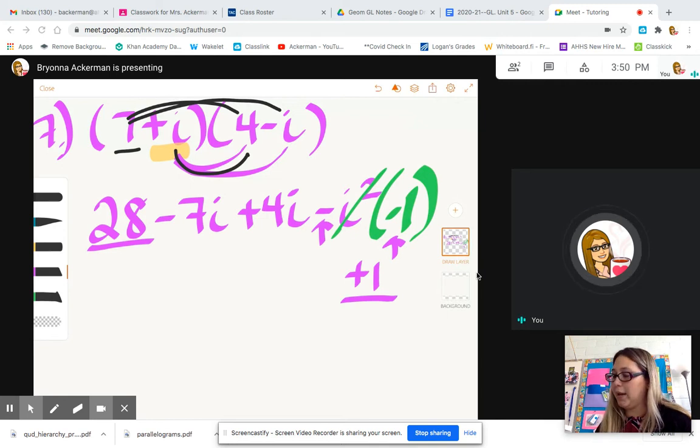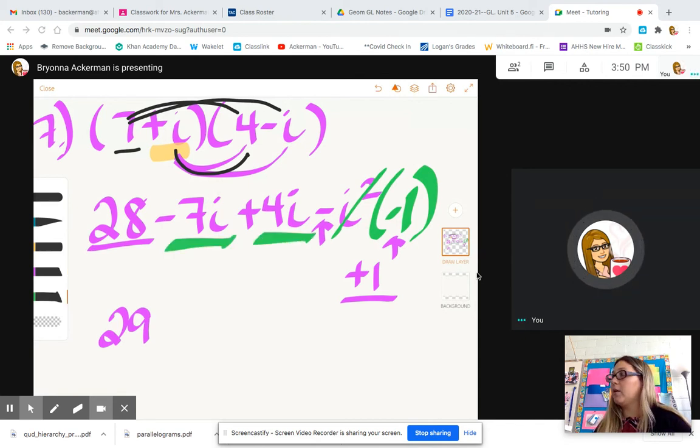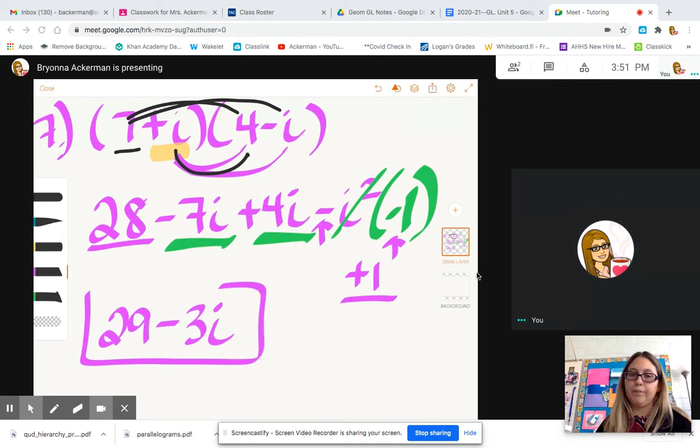And so we have 28 plus 1, so we're going to get 29. And then we're going to combine the imaginary part. So we have negative 7i plus 4i, and so that gives me a negative 3i. And that's my final answer.